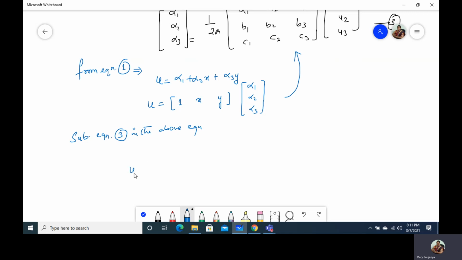We get u is equal to [1 x y] into 1 by 2A into [a1 a2 a3; b1 b2 b3; c1 c2 c3] into u1, u2, u3.